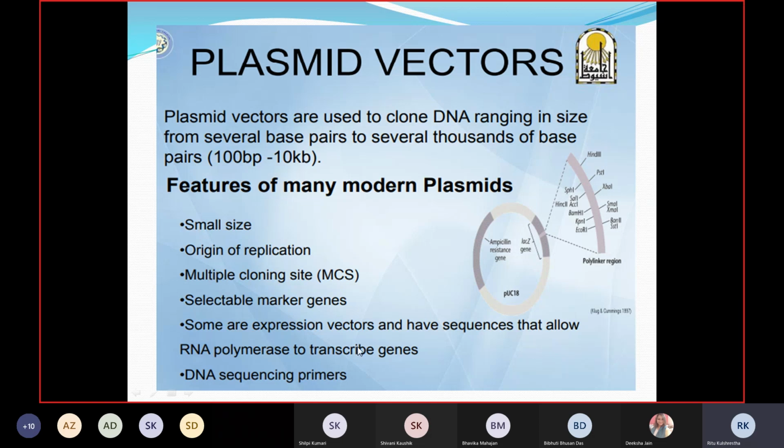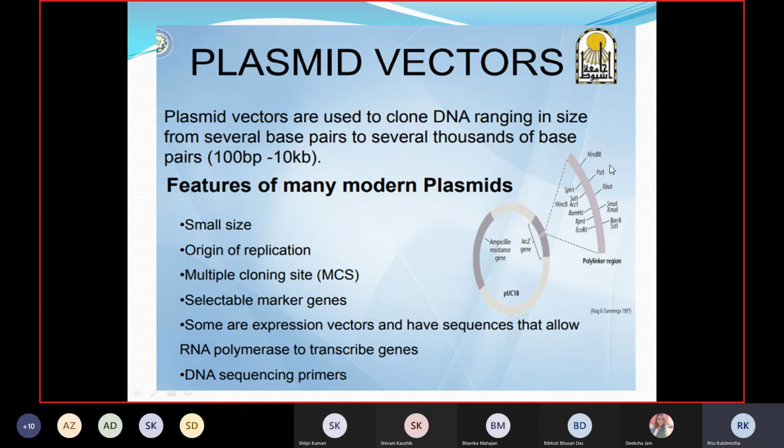Okay. Then in certain vectors, for the convenience of the user to sequence the cloned gene, another feature has been added, in which they have given certain common sites which are present next to the MCS, or let's say on either side of the MCS.